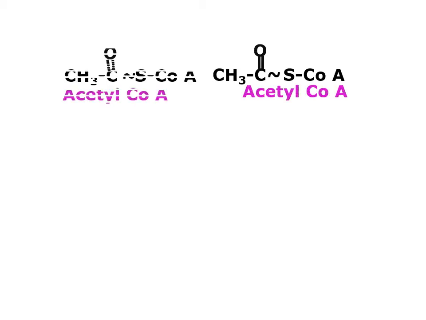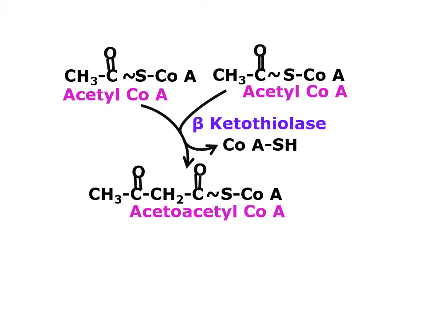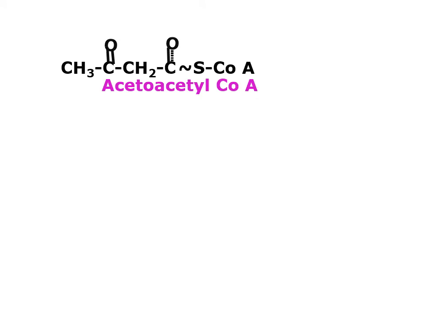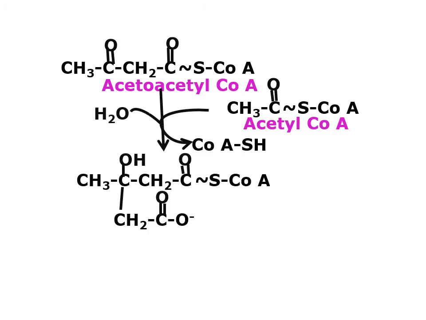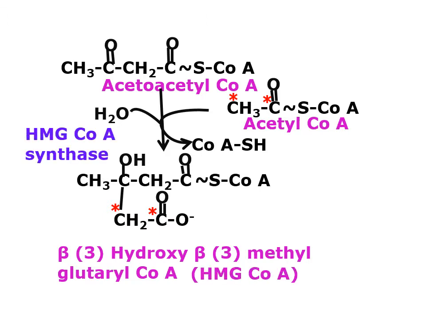Two molecules of acetyl-CoA combine together to form acetoacetyl-CoA, and the enzyme is beta-ketothiolase. This acetoacetyl-CoA combines with one more molecule of acetyl-CoA to form beta-hydroxy beta-methyl glutaryl-CoA. Till this step you have already studied under ketone body synthesis.